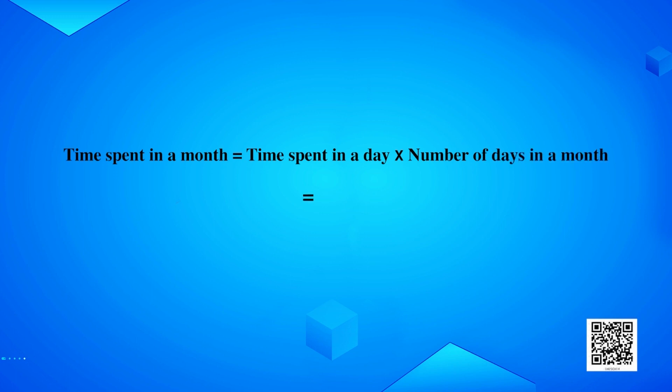That is equal to time spent in a day, 2 hours, multiplied with the number of days in a month, 30. Therefore, 2 times 30 is equal to 60. Students, we found that Bittu spent 60 hours in front of a TV or radio in a month.